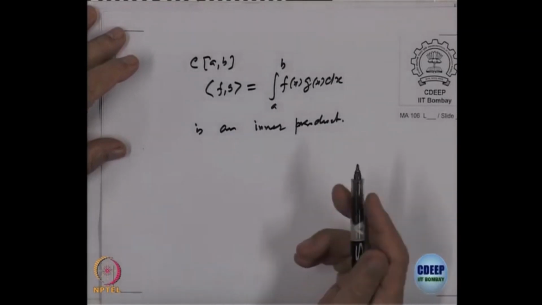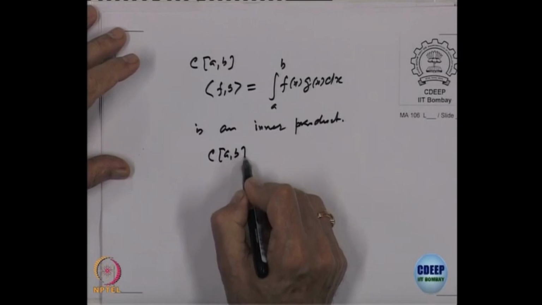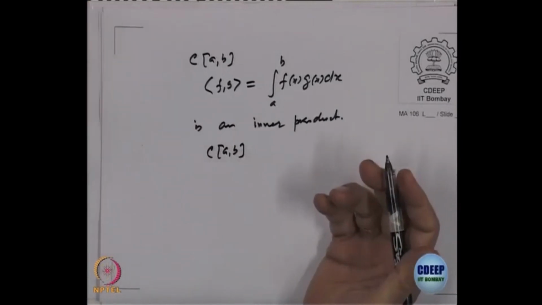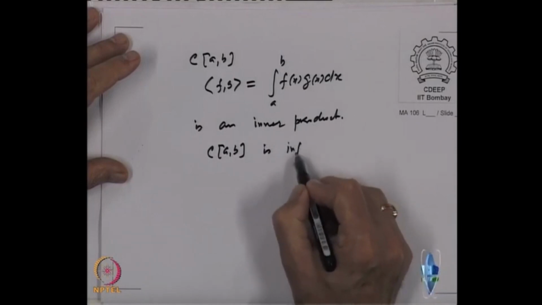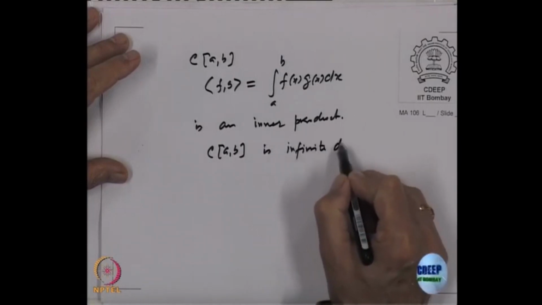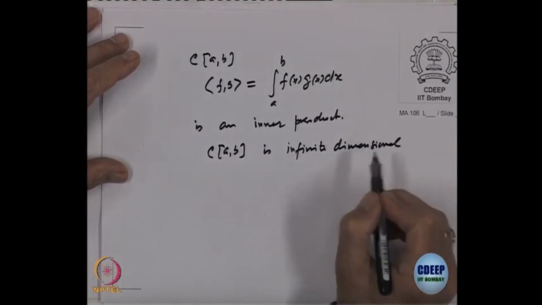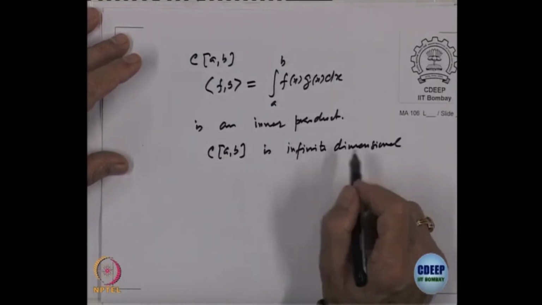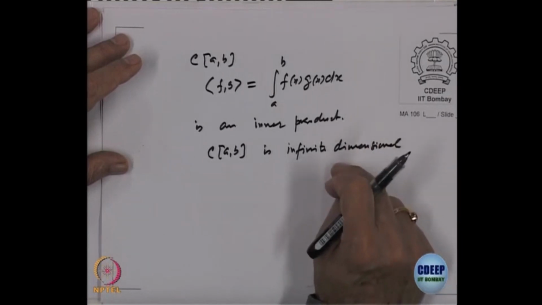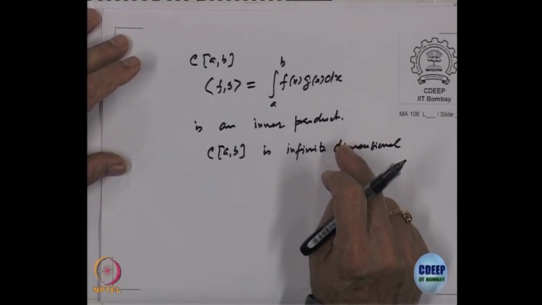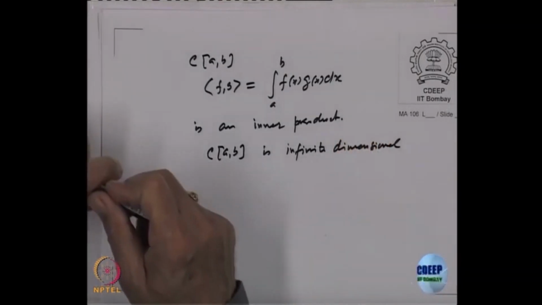For the sake of a bit more understanding, this was a vector space over the reals, and we have shown that it is infinite dimensional. So this was an example of an infinite dimensional vector space on which a notion of inner product is also defined. So keep that much in mind.